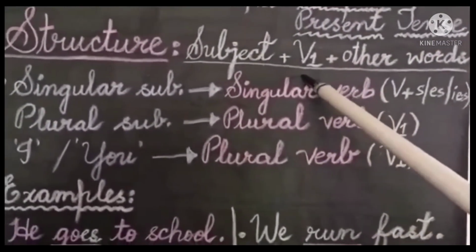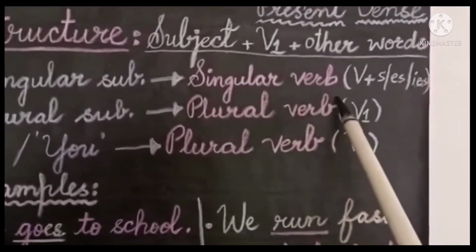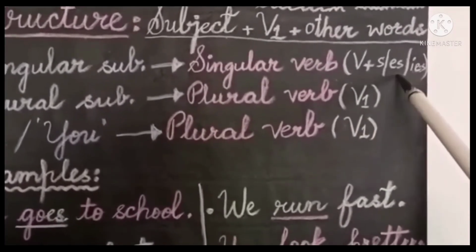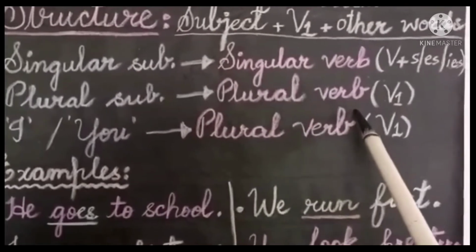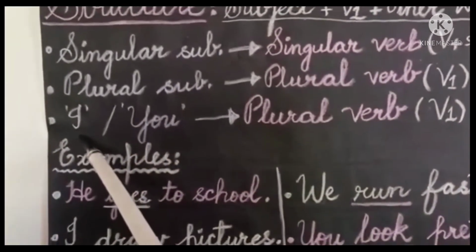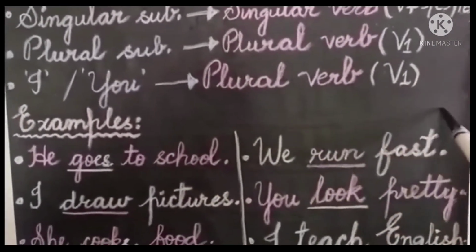While following this structure is singular subject takes singular verb, and singular verb is actually the first form of verb, but with an addition of s, es or ies at the end. Next is plural subject takes a plural verb. It is purely the first form of the verb, and if the subject is I or if it is you, take the plural verb. That is the first form of the verb.